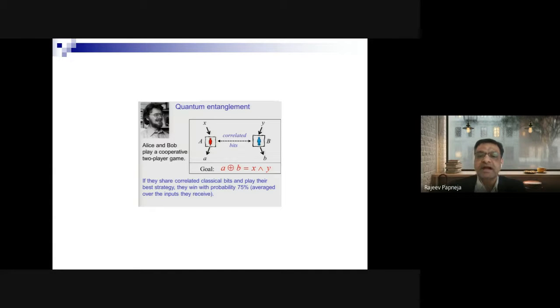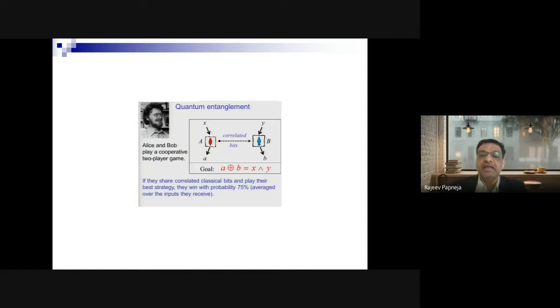But under the rules of the game, Alice and Bob cannot communicate in the middle of the game. So Alice has to first produce her output before knowing what Bob's input was, and Bob has to produce his output without knowing what Alice's input was.